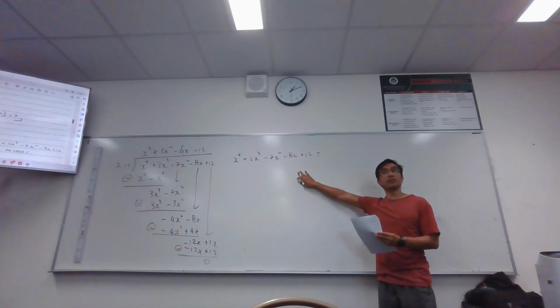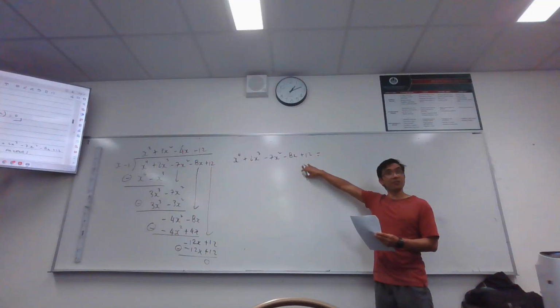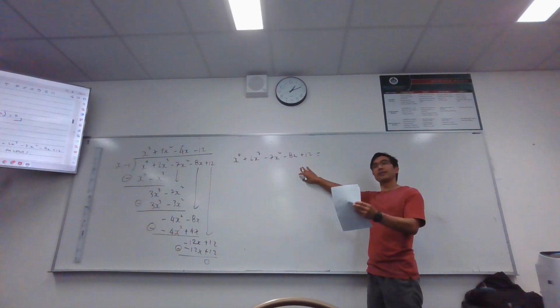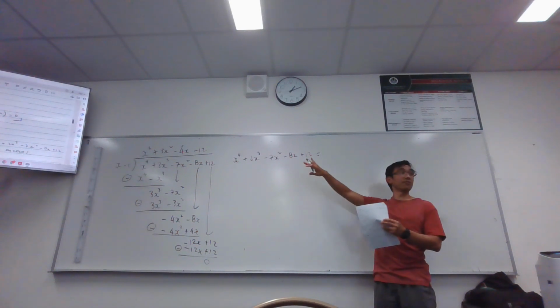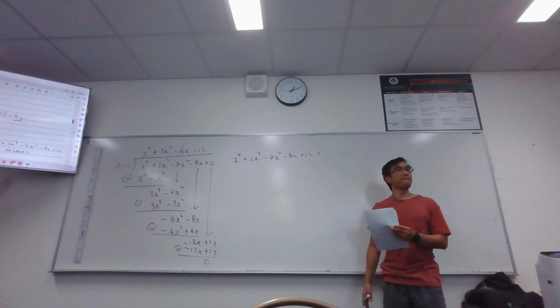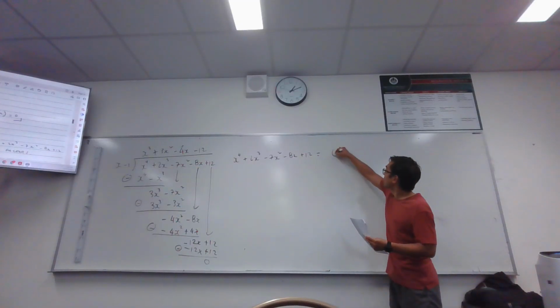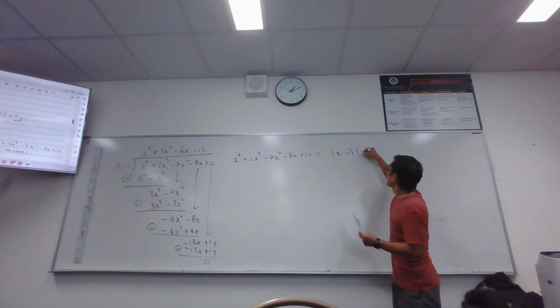How can I rewrite this here? Who wants to have a go? Instead of writing this original equation, how can I write it in a different way using the information that you're seeing on the left? X minus 1 times the lead. Excellent.